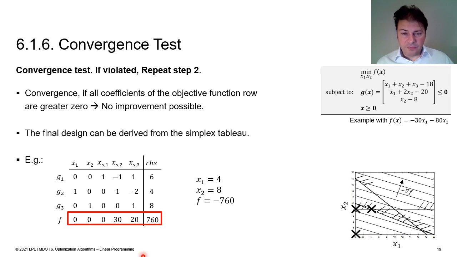And that means you're done. And also, due to the way this tableau was set up, you can identify the function value of your objective function as the negative value of the right-hand side, 760. And then you're done and you found your optimum.